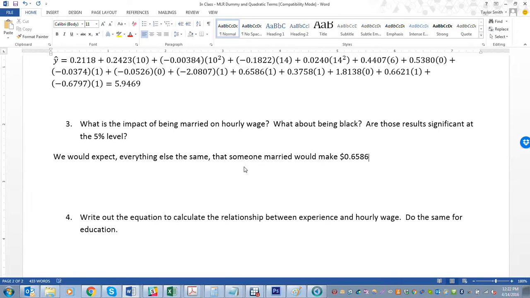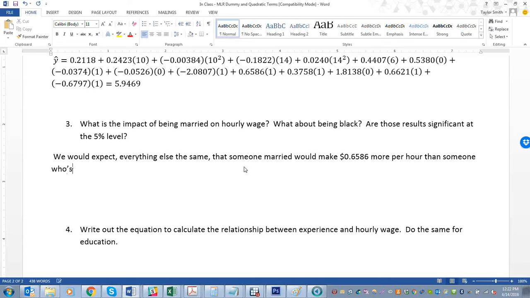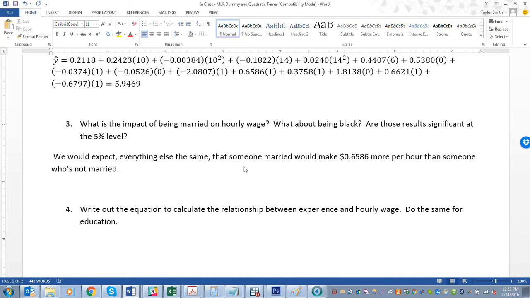So basically almost 66 cents more per hour than someone who's not married. And again, we're qualifying that, saying everything else the same. So having the same education, same experience, they live in the same area, all that being the same. You know, one person's married, one person's not. We would expect someone who's married to make about 66 cents more per hour than someone who's not married.